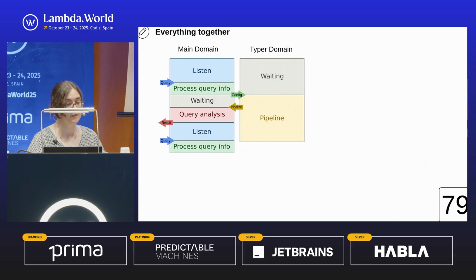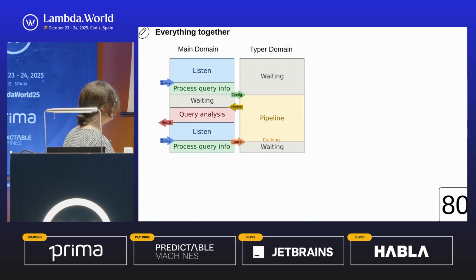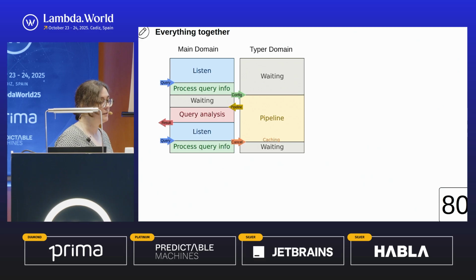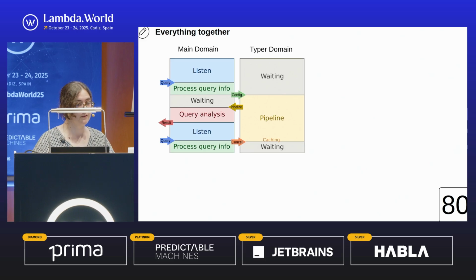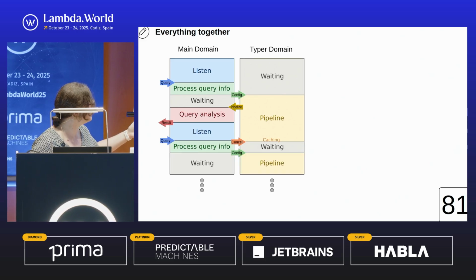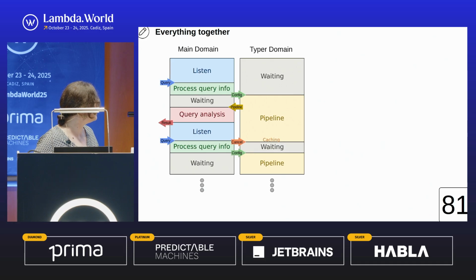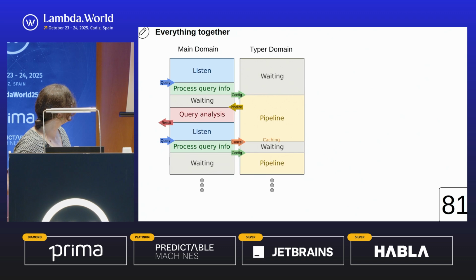If so, it will send a cancellation message to the typer domain, which will stop typing. Obviously, it will also cache everything it has already typed because, again, we want our cache to get warm. And because the typer domain has stopped working, it is ready to move on to computing a new pipeline. So it can just receive the config value and move on to computing the pipeline required for the new query.